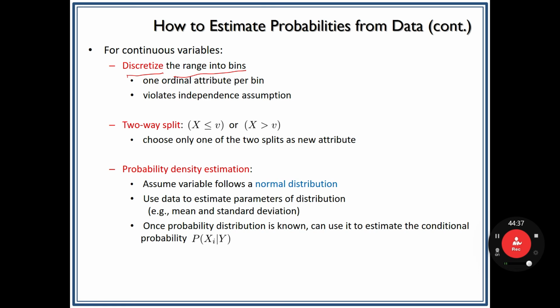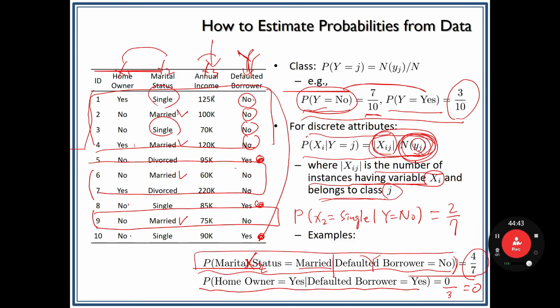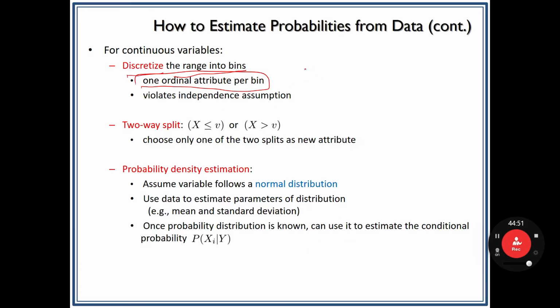What this means is, in our example, the annual income ranges from 60K to 220K, and we divide it into several bins. The number of bins is up to you.